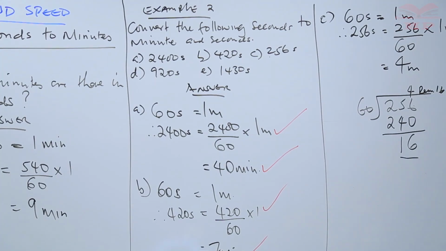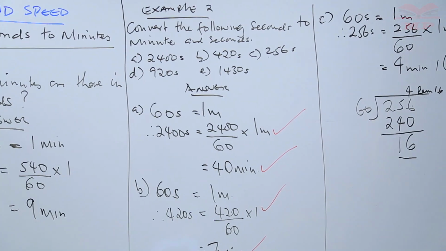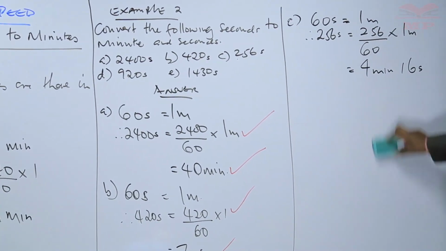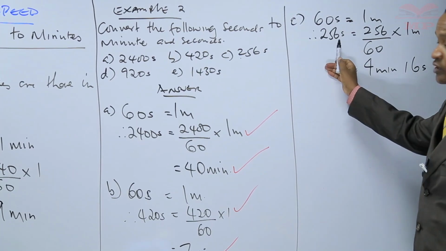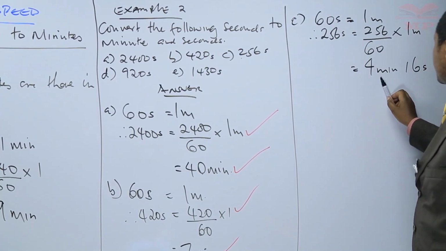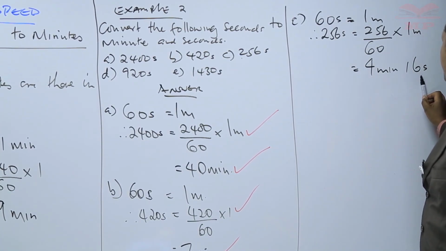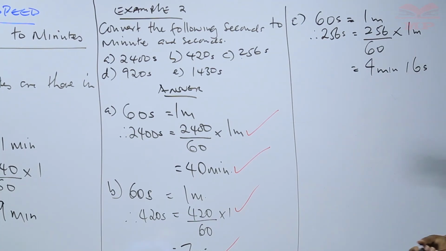These are seconds. There are 4 minutes and 16 seconds in 256 seconds.